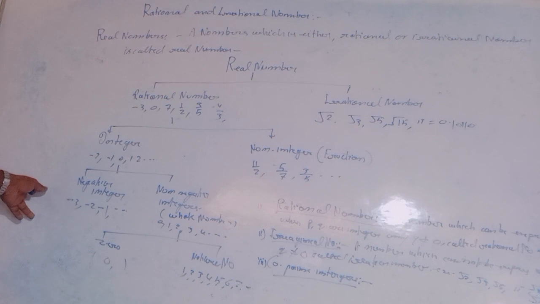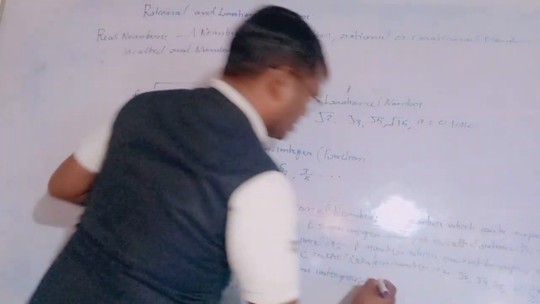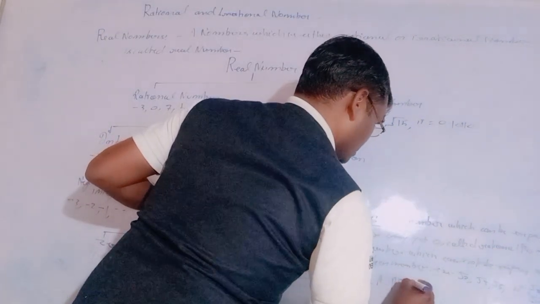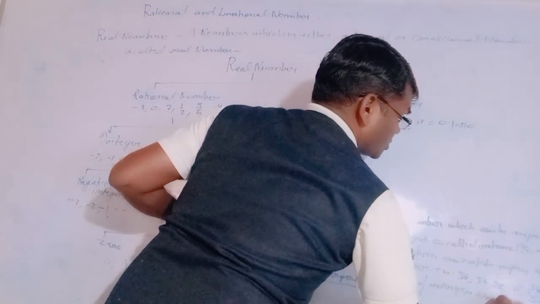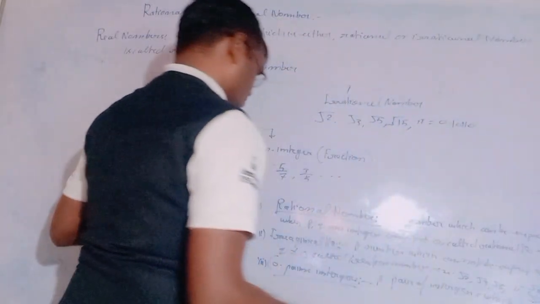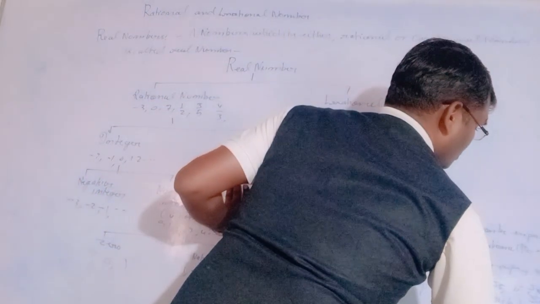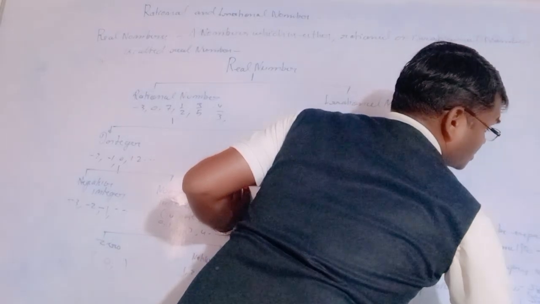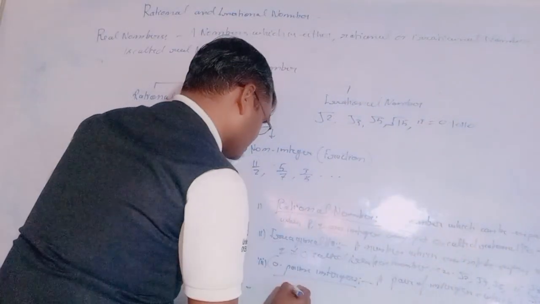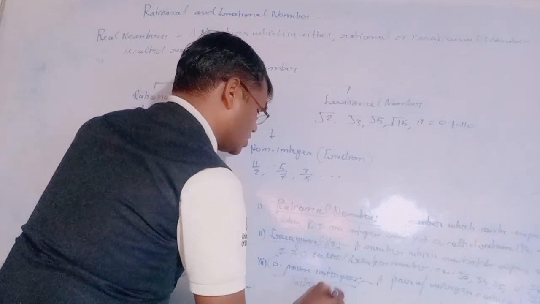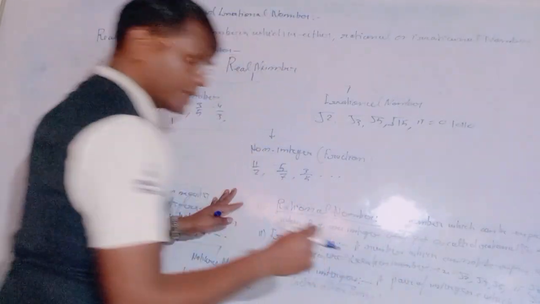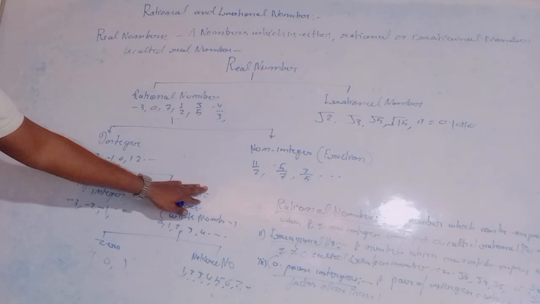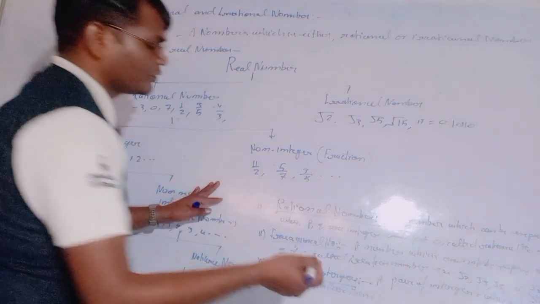Co-prime integers are a pair of integers which have no common factor other than 1, or minus 1, we can say.